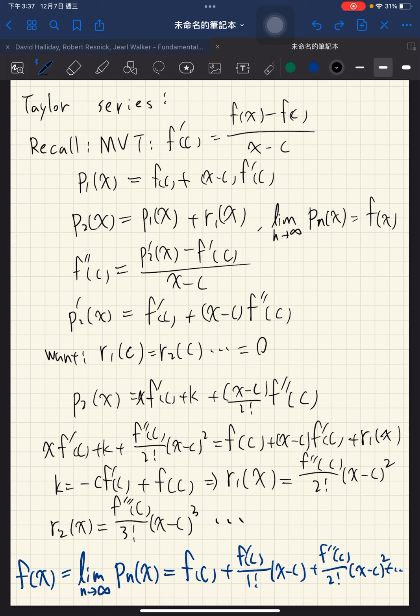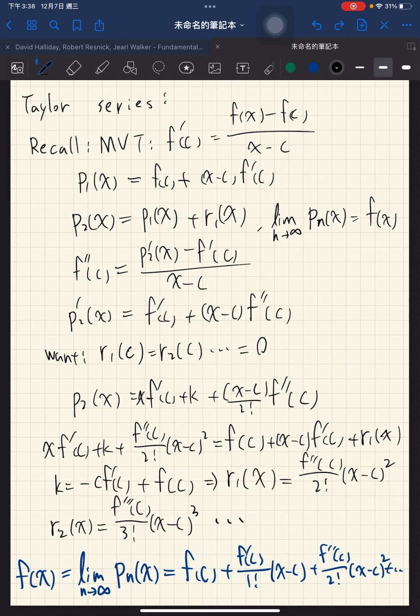Since we are expanding f of x at x equal to c, there is already a term f(c) in the approximation.